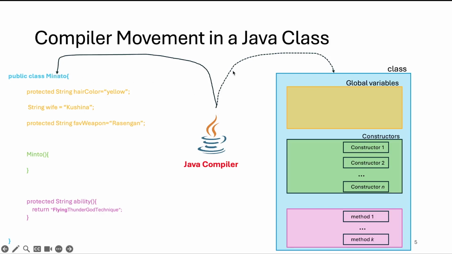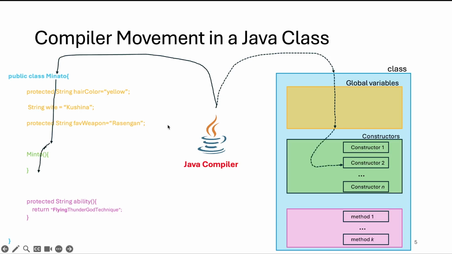The same is shown on the right side. Now once it enters into the class, next it looks at the global variables. Okay, it tries to initialize these global variables.